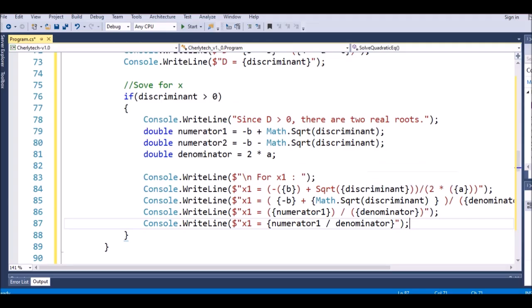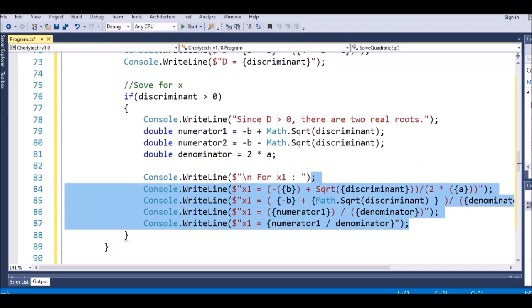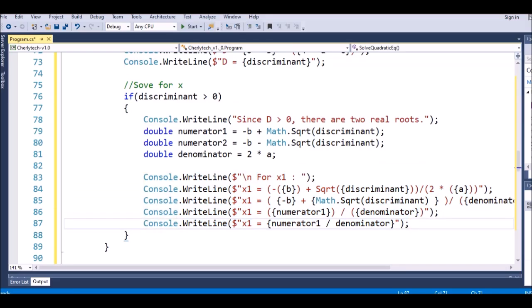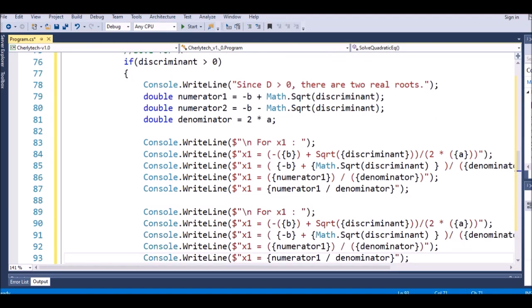So after that, we solve for the x2. x2 is very similar, so we just copy this one. We just change something, just change a little bit, so I just copy this one and I paste here.